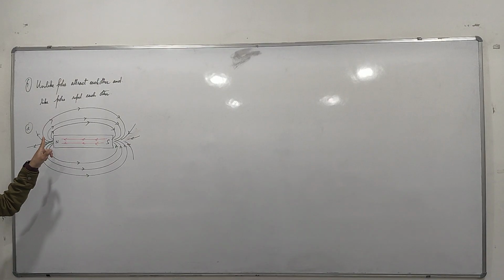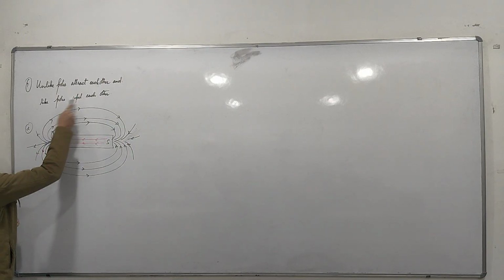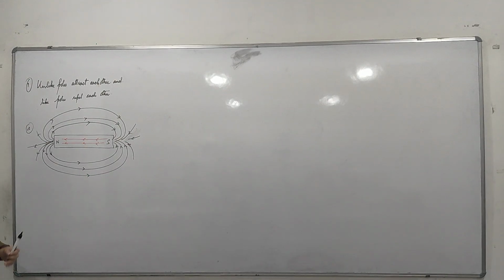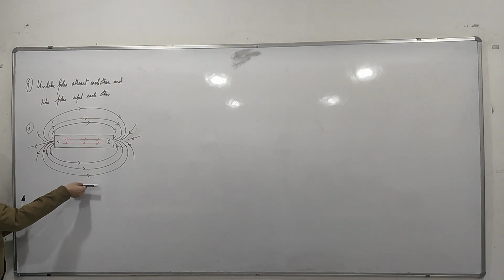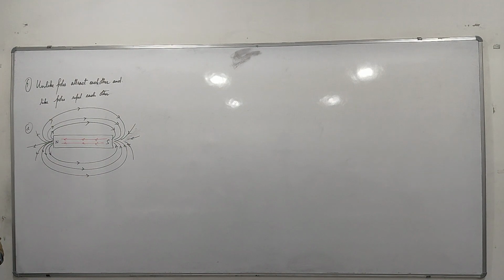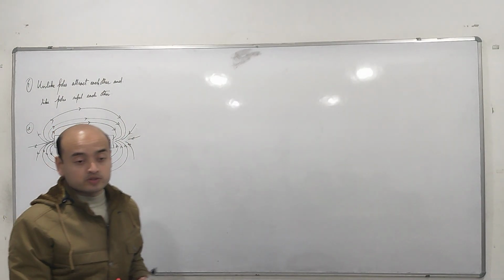Please remember this. This entire space is known as your magnetic field. If you have the iron beyond these lines, there will be no attraction by the magnet. But if you keep the iron inside the lines, then it will feel a particular attraction by the magnet. So draw the diagram and write down the points.